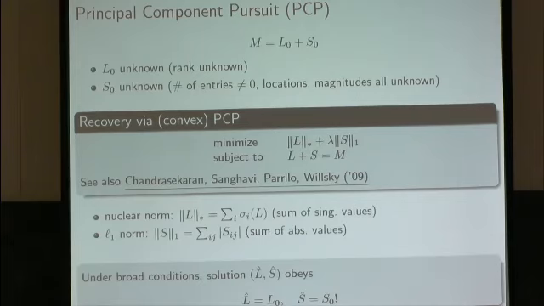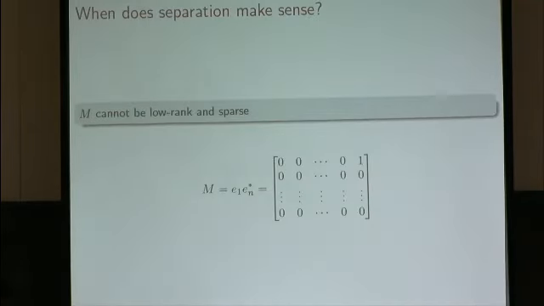And so the goal is first to explain what these broad conditions might be. That's where this talk is linked to what we heard this morning: if you prepare a matrix that is both low rank and sparse, obviously this problem has no meaningful solution. This is a case we've seen this morning.